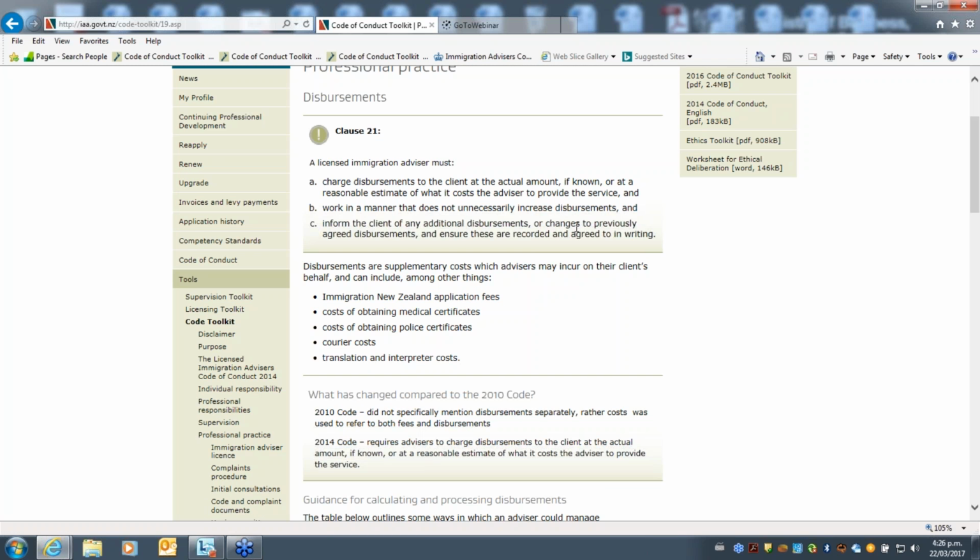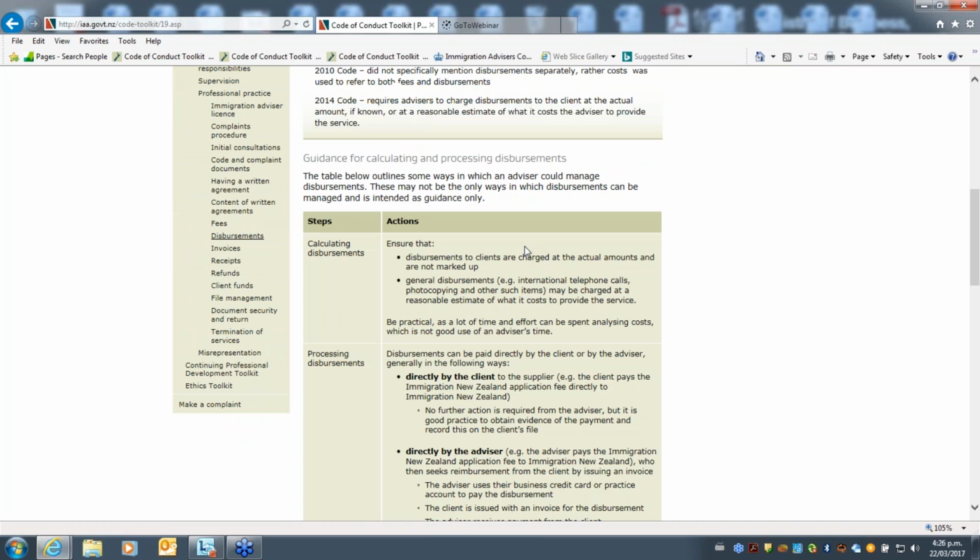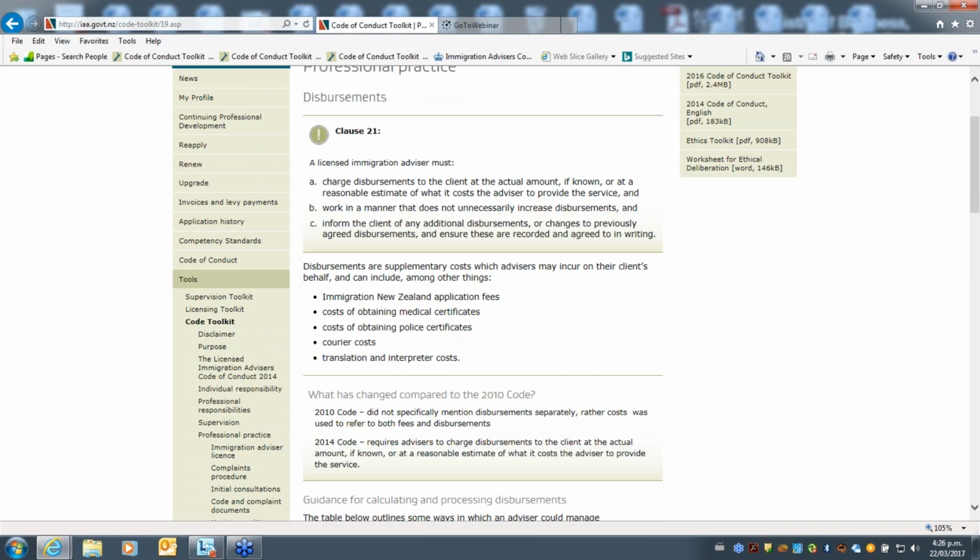So clause 21 talks about disbursements. You're required to charge disbursements at the actual amount, if that's known, or at a reasonable estimate of what it costs the advisor to provide the service. In some cases, it may not be a good use of your time to calculate actual disbursements, in which case a reasonable estimate may be the appropriate way to go.